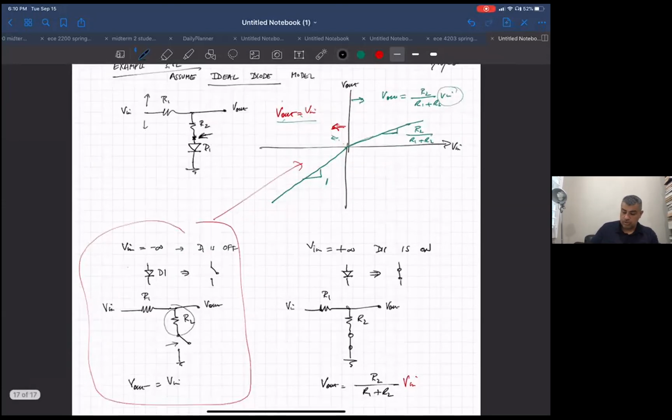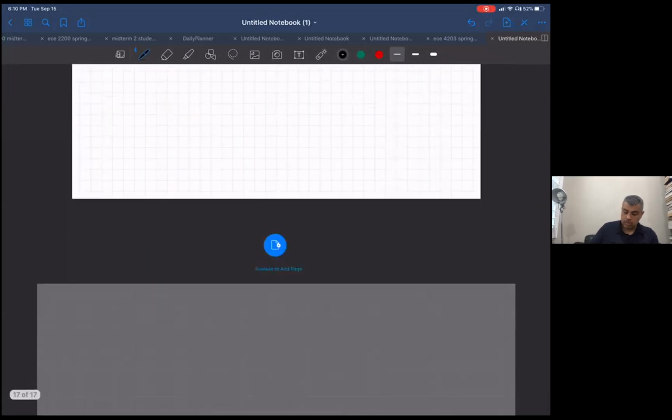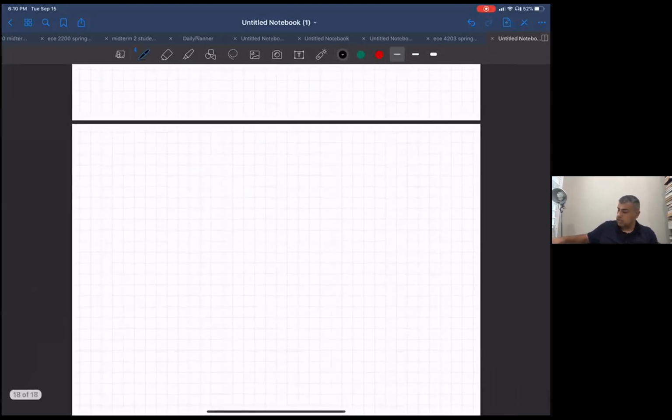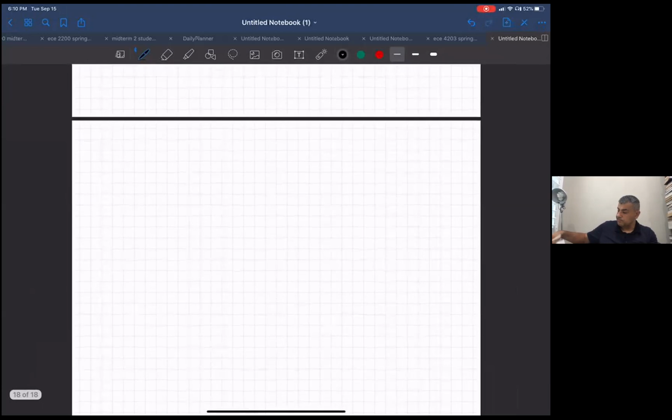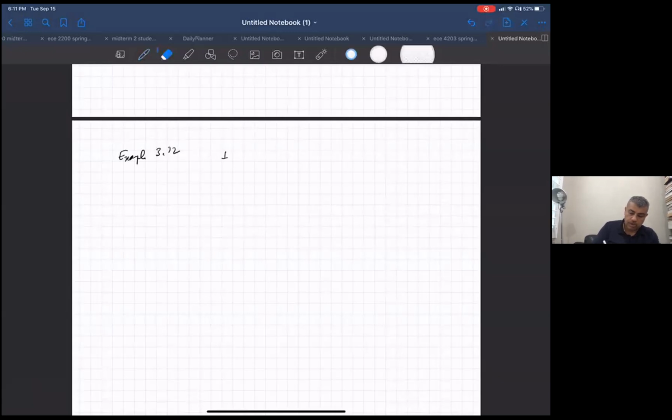Okay, so that was one example. Let's go to the next one. Maybe it's the same example. We have the same circuit, except this one we assume a constant voltage model.